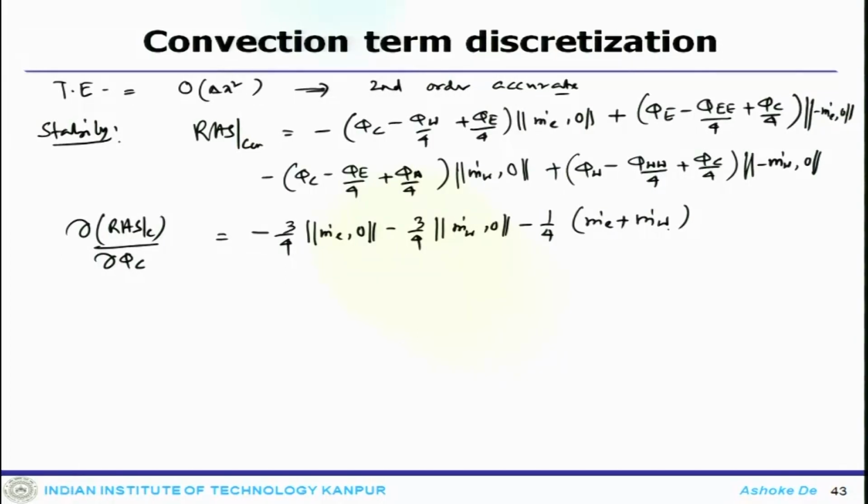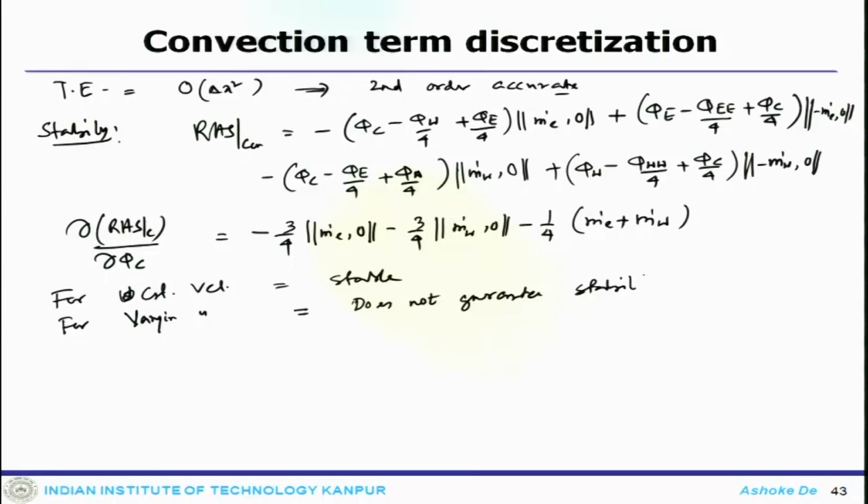So, like the QUICK scheme, for constant velocity, this is always stable, and for varying velocity, I mean, it does not guarantee stability all the time.